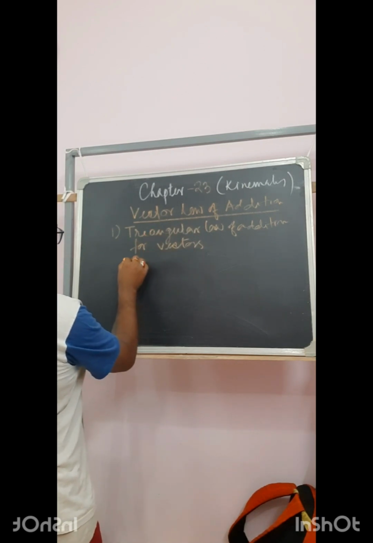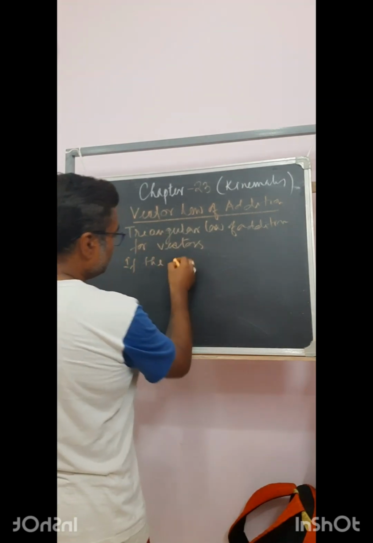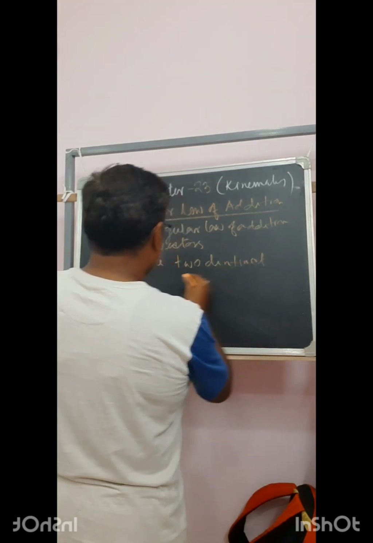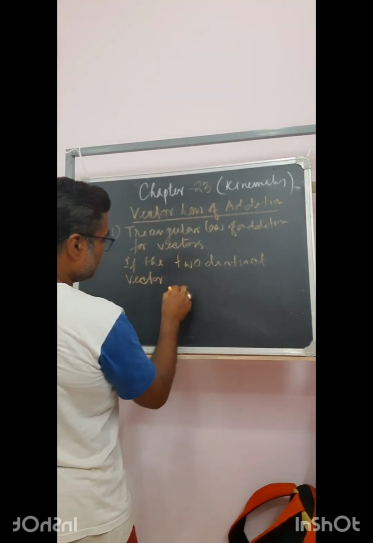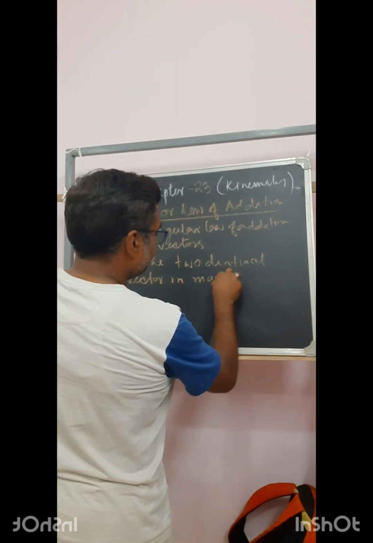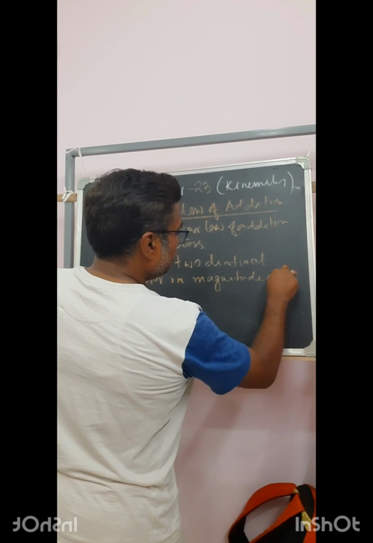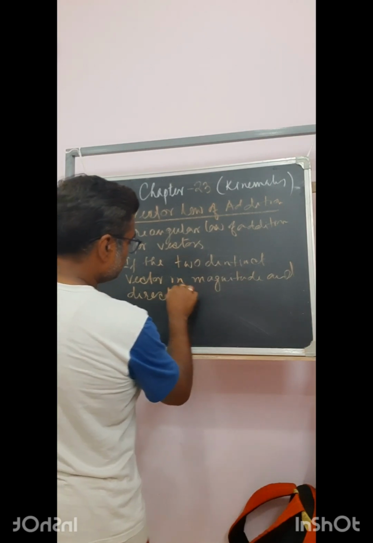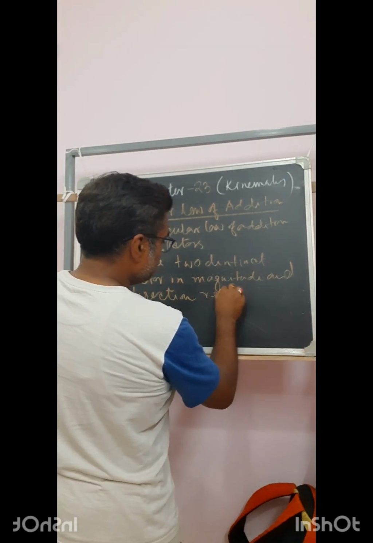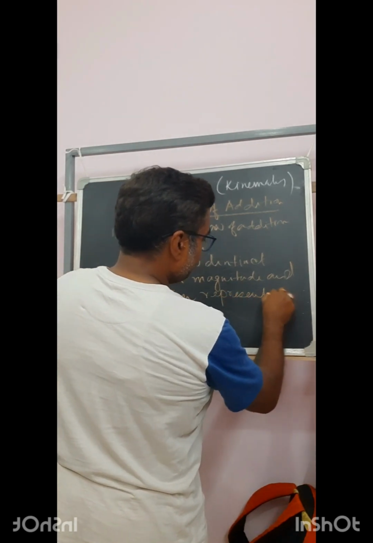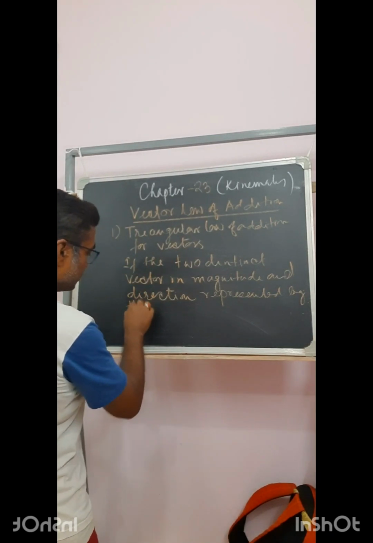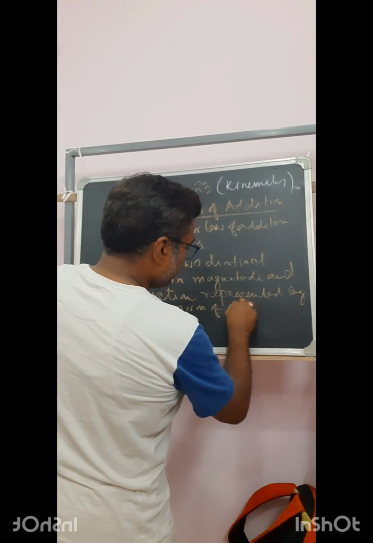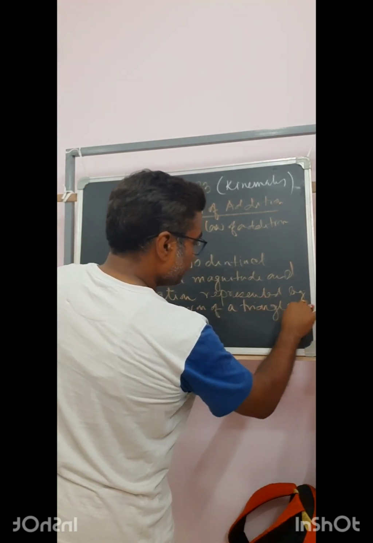It says, if two distinct vectors in magnitude and direction are represented by the two arms of a triangle in order.